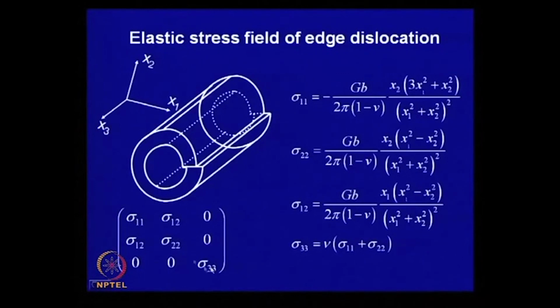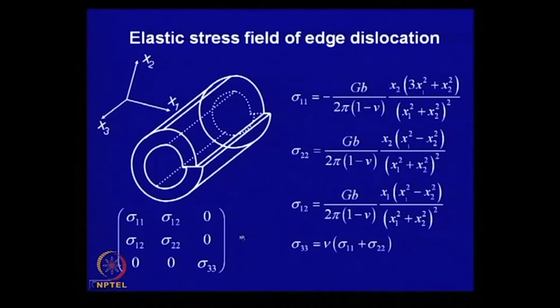And here you see this is a hydrostatic stress field; an edge dislocation has a hydrostatic stress field. In the upper part you have a compressive stress, in the upper half where you have an extra plane of atoms. So, it is compressed, whereas in the bottom half, where x 2 will be negative, you will have a tensile component.